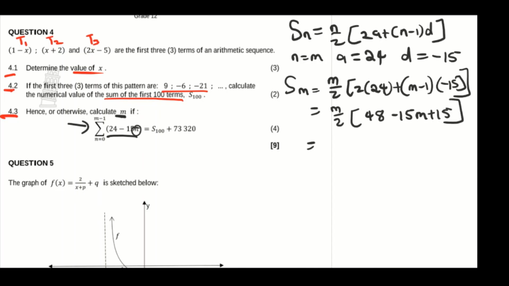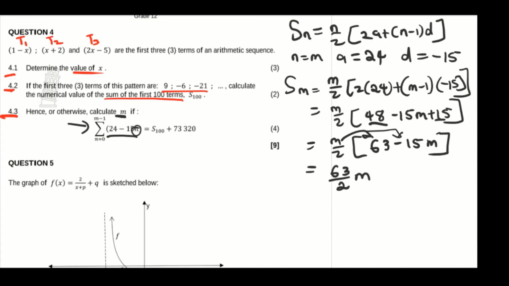So it is 48 plus 15, which is 63, minus 15m. This m over 2 will multiply everything inside, so you will have 63 over 2 m, minus 15m squared over 2.